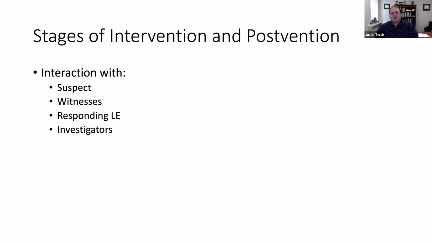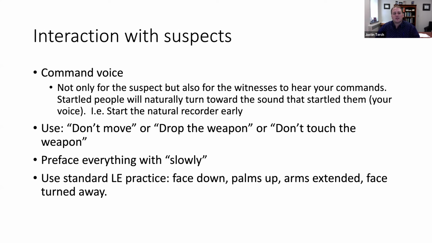The stages of intervention and postvention are interactions with the suspect, the witnesses, and responding law enforcement investigators. So what do we do with the suspect? We've shot the suspect, and we need to remember to stay in condition red, not condition black. We're also realizing where there's one, there's two, where there's two, there's three, and so on.